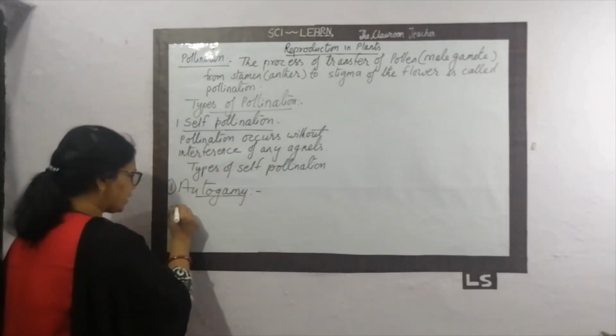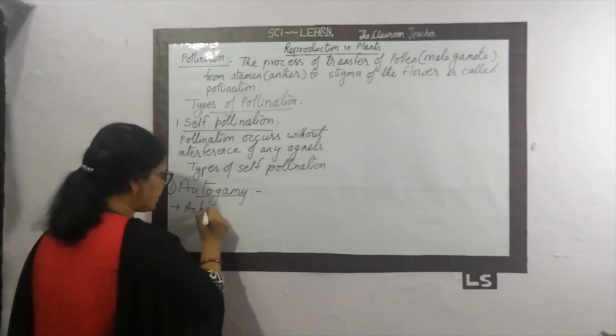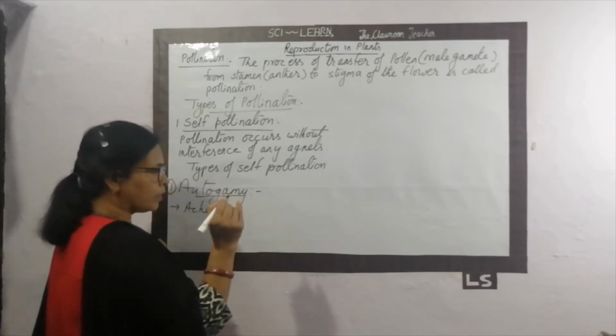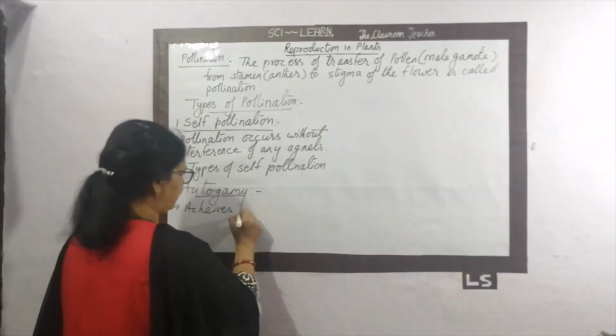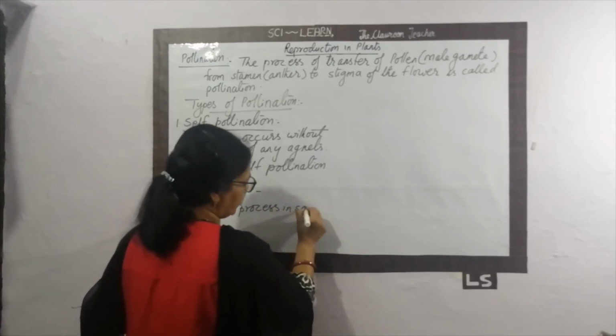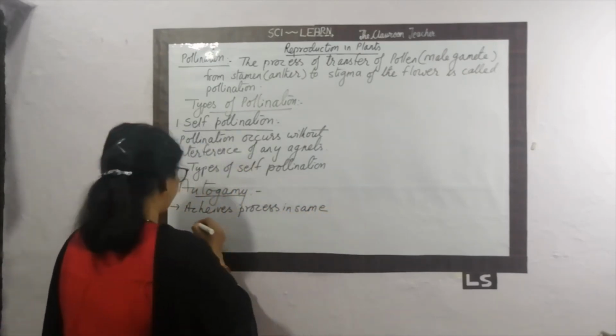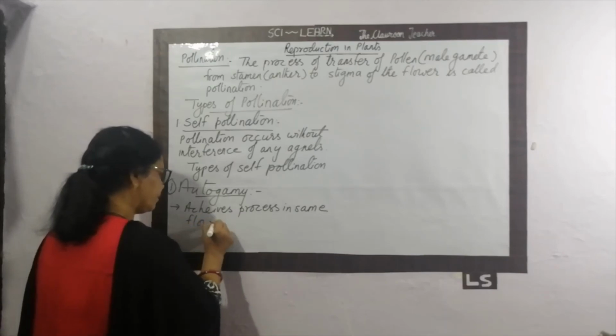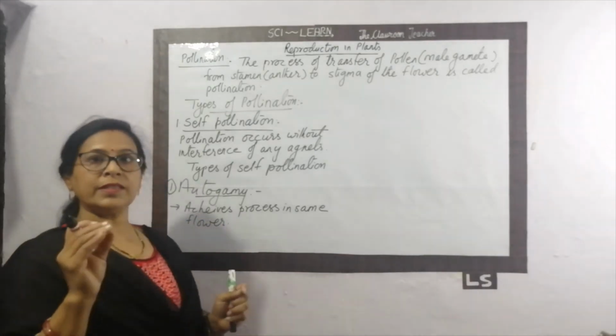So that is the first character. The process is pollination in the same flower.